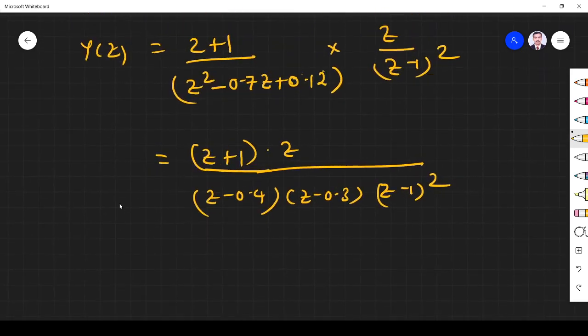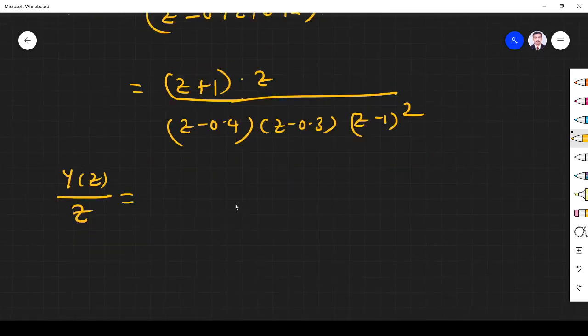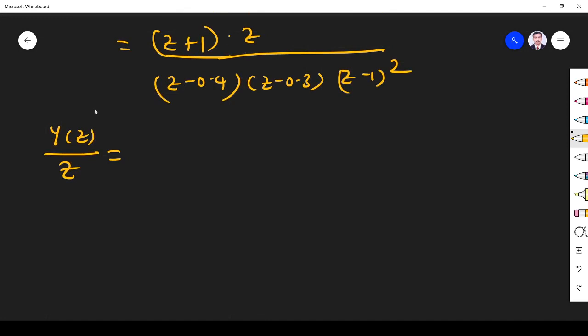Whenever you want to find the response, bring one z to the left hand side, then it will be easy to take the inverse z. So please remember this concept. I bring Y of z by z this side, so this will be (z plus 1) divided by the factors.